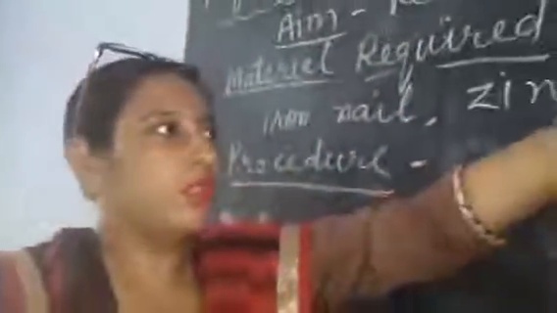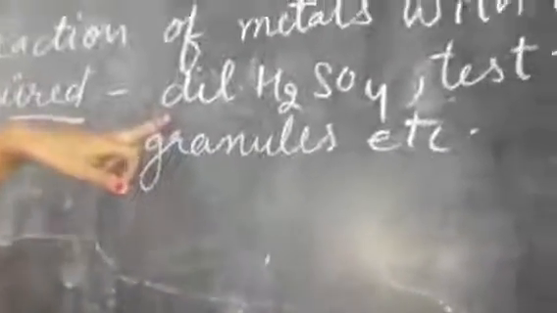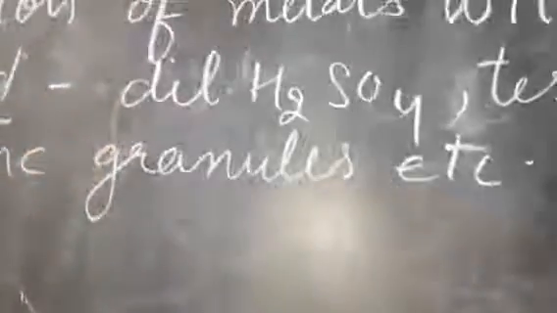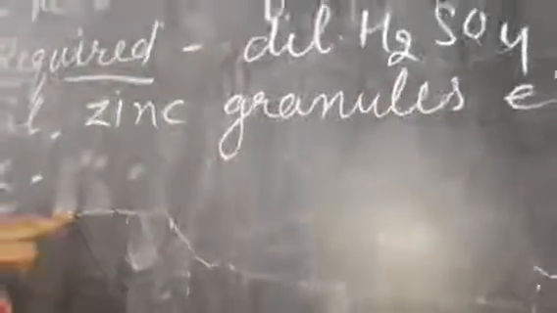Okay, so what is the procedure? In this experiment we have dilute sulfuric acid and iron nail, which is a metal. When we react iron nail and dilute H2SO4 sulfuric acid, what will happen? We will discuss that in the procedure and what we will observe.